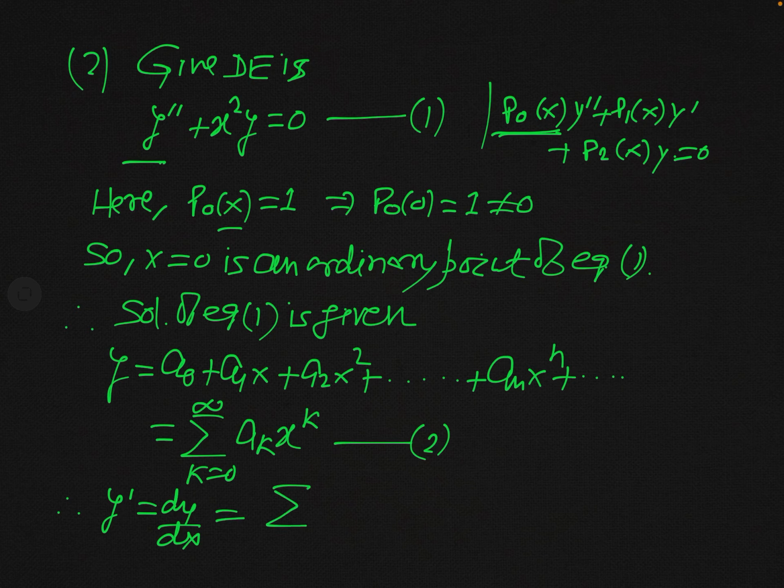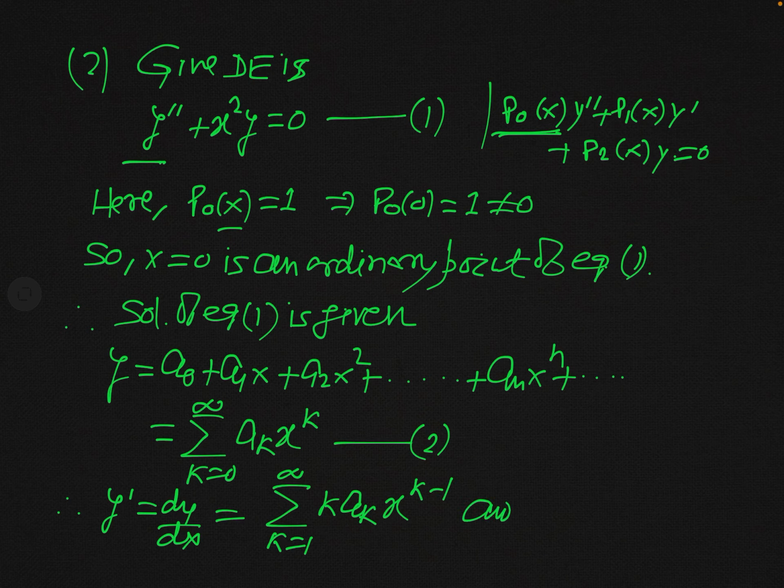From here you can see this will be summation k 1 to infinity. You have seen that there is no need to put the value k equal to 0 because the term becomes 0. So this is k 1 to infinity k into ak x to the power k minus 1.